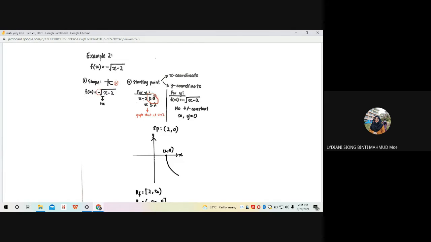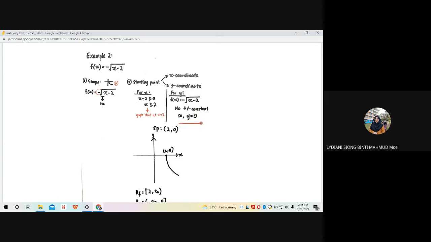So here we have x minus 2 greater or equal to 0. Then we rearrange the equation and we got x is greater or equal to 2. Next, for y-intercept, if we look at our equation here, we don't have any plus or minus constant. So our y is equal to 0.